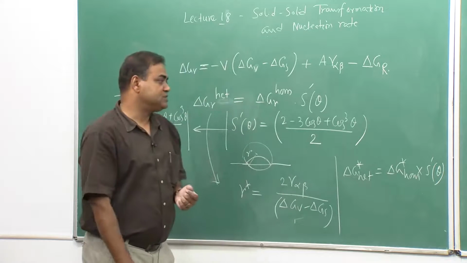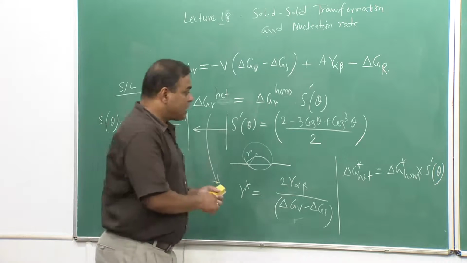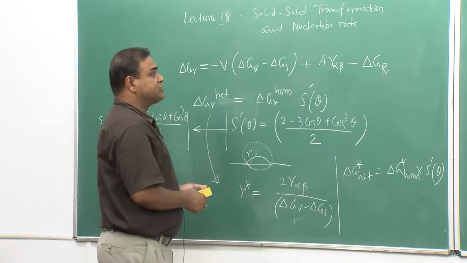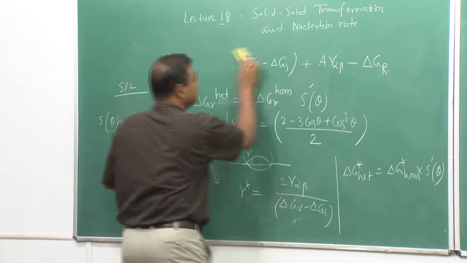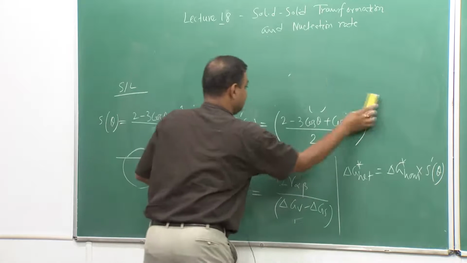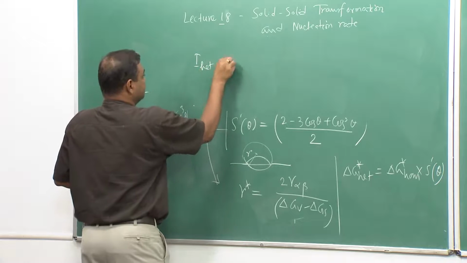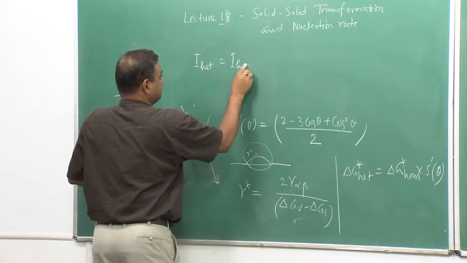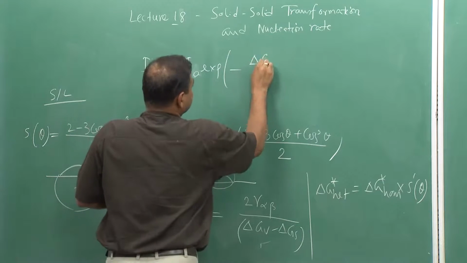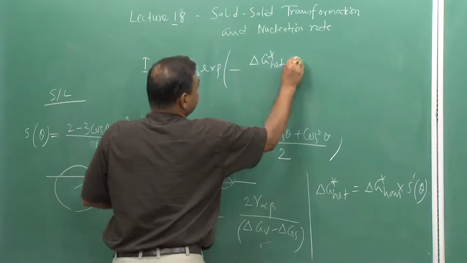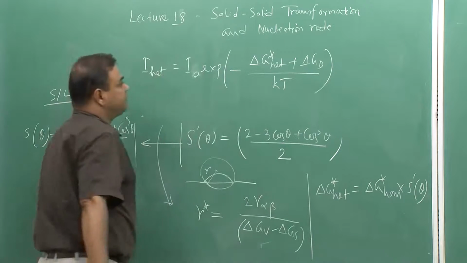Okay. So, now you carry out this exercise, you would see that delta G star heterogeneous would be equal to delta G star homogeneous into S prime theta, and S prime is nothing but this. Okay. So, at the same time we can also relate the heterogeneous nucleation rate, which will be again similar.